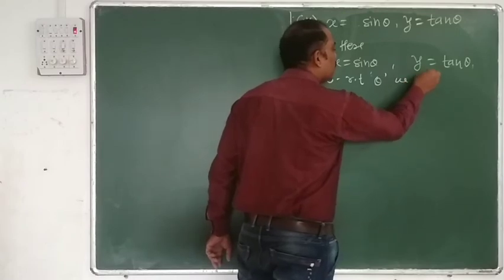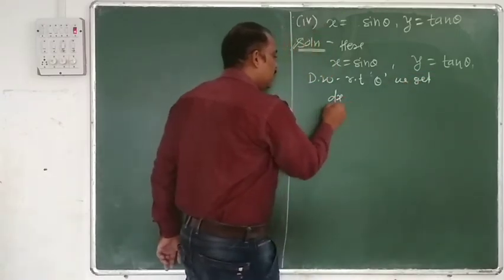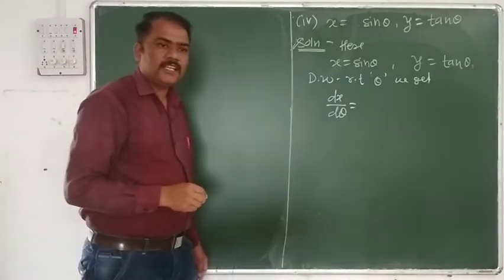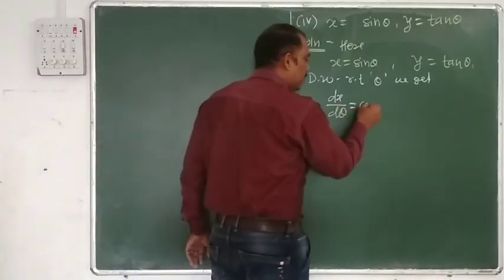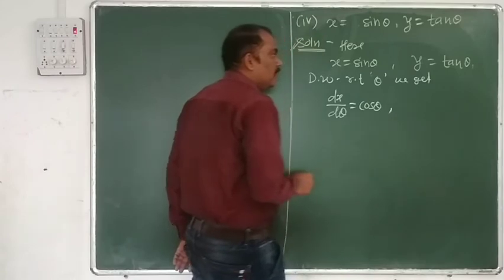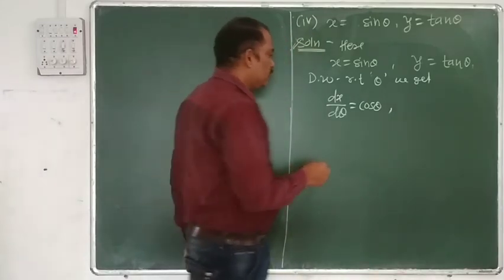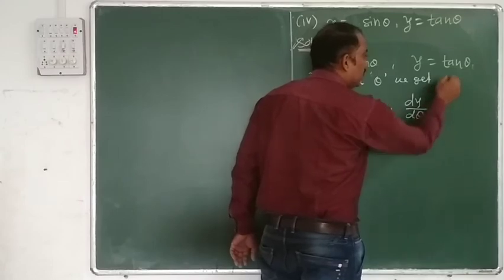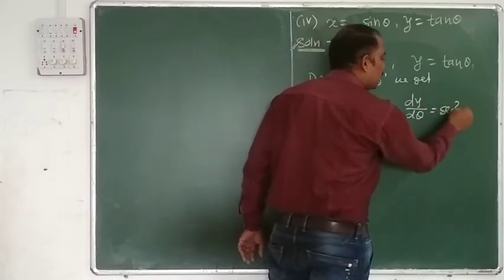We get dx by d theta is equal to, what is the derivative of sin theta with respect to theta? It is nothing but cos theta. What is the derivative of y with respect to theta? dy by d theta is nothing but sec square theta.